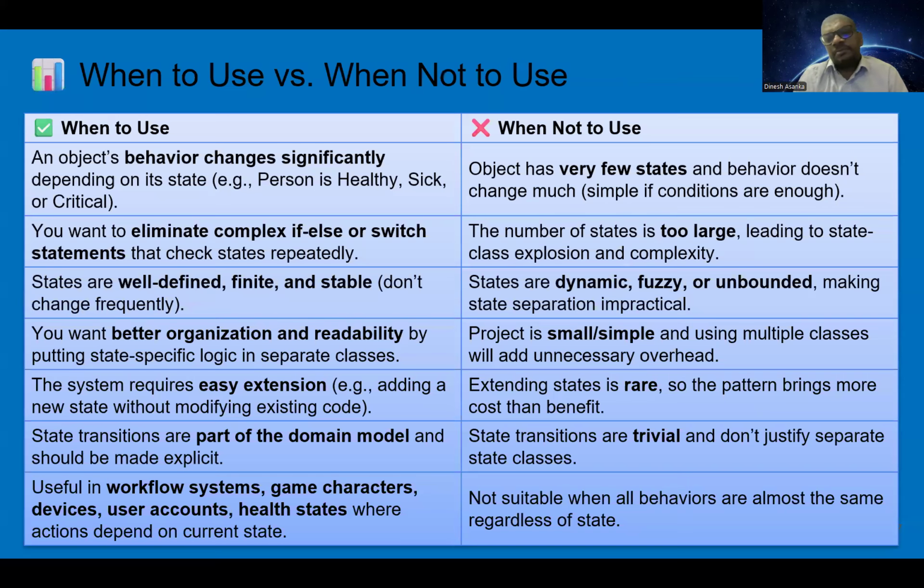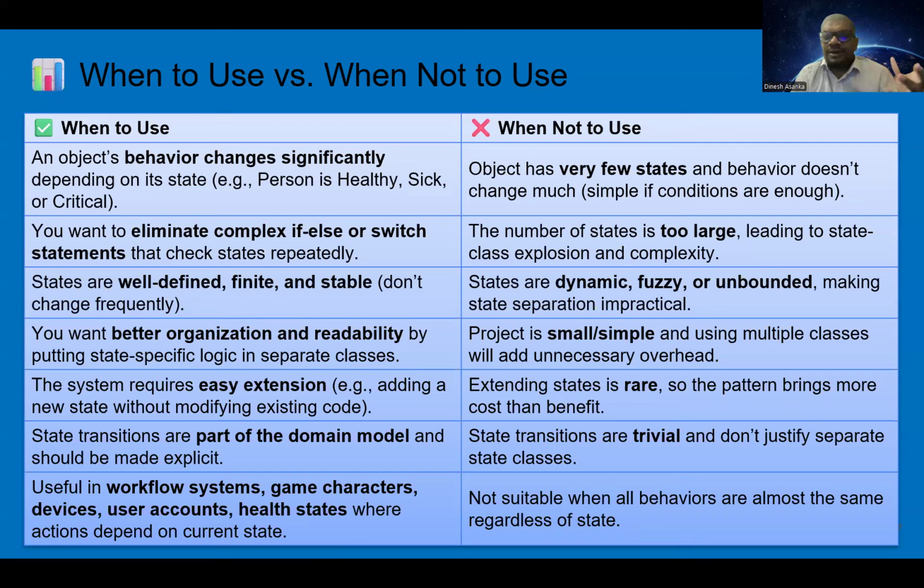Right. Another important thing: when to use and when not to use. So let's go by when to use. When the object's behavior changes significantly depending on the state, that is a classical place where you can use the state design pattern.